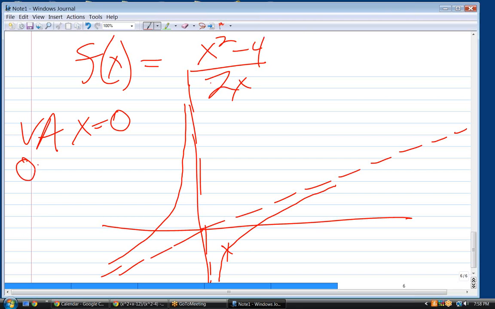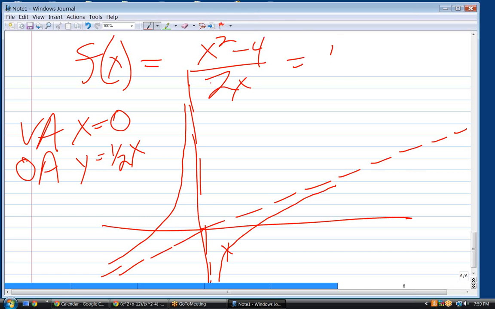You have the oblique asymptote, which is y equals 1/2 x, the equation of that line. You don't have a horizontal asymptote. Actually, you might. No, you don't have a horizontal asymptote. I don't think you ever have a horizontal asymptote when you have an oblique asymptote.